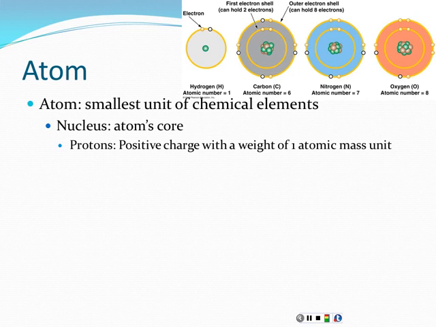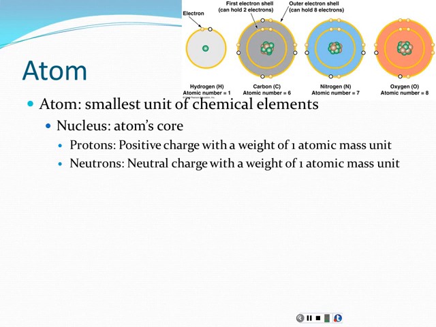It has an atomic mass of 1, which comes into play when we're talking about the mass number. The neutron is a neutral charge particle within the atom's nucleus as well, so it has no particular charge to it. And once again, it also has 1 atomic mass unit, so they weigh the same.